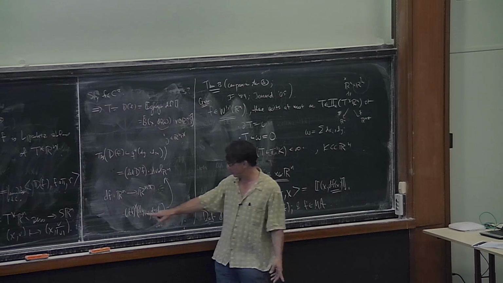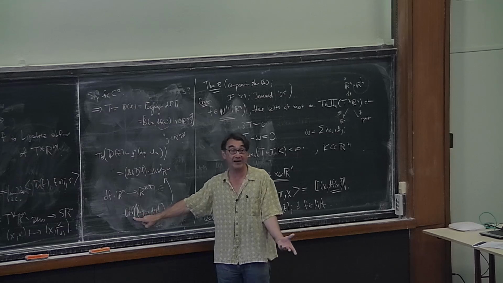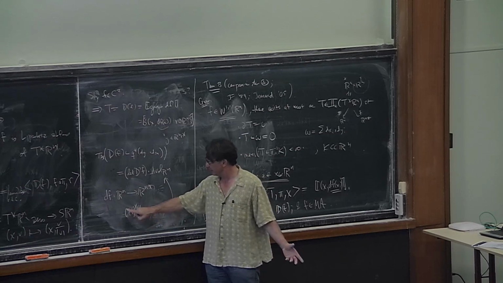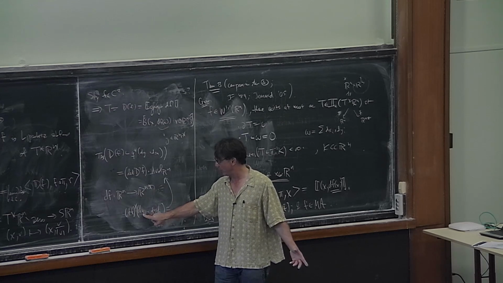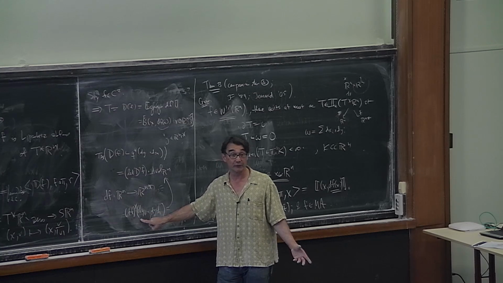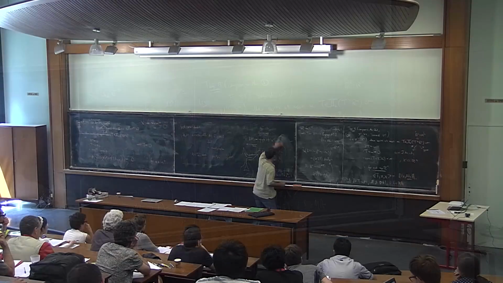Why is that? Computing pullbacks is formally easy. df is taking x's to y's. So what's y? If I pull back y1 by df, what do I get? I'm getting the derivative of f with respect to the first coordinate.